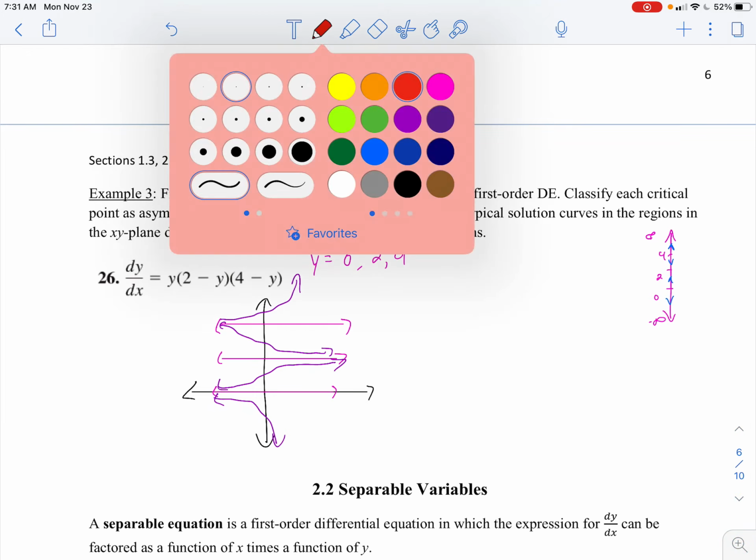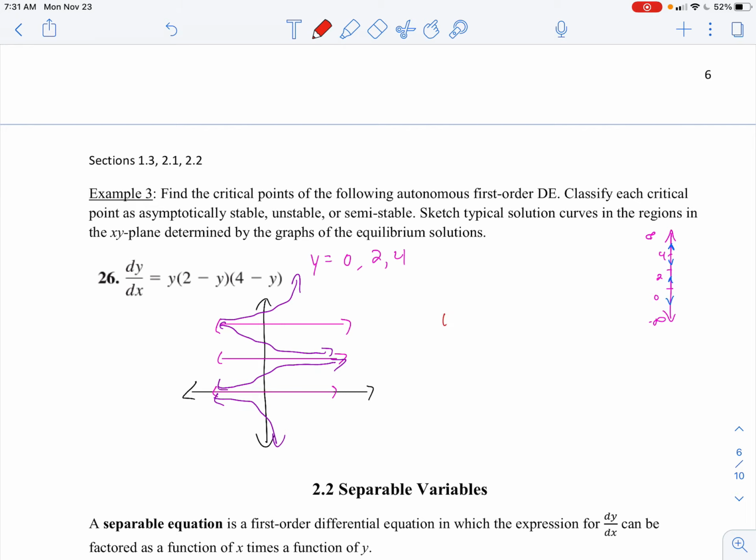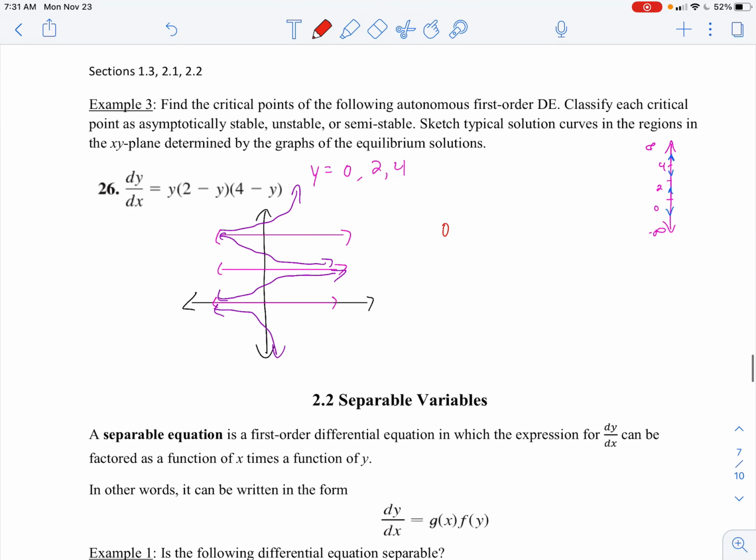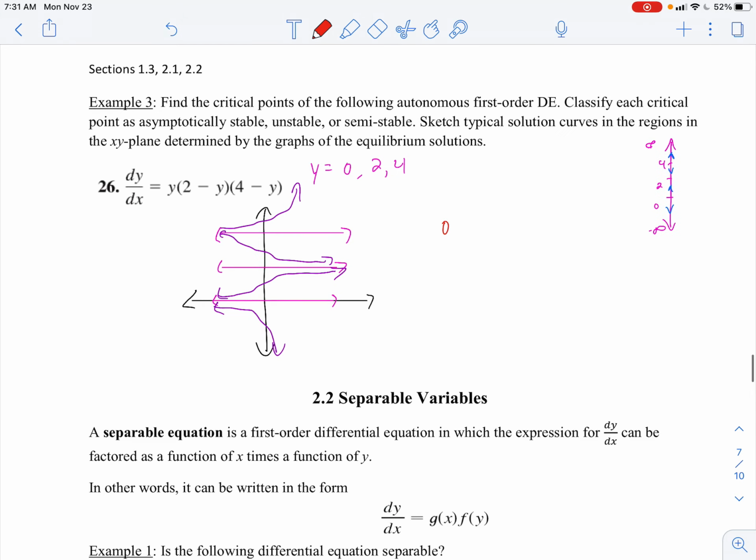So for a critical point of 0, it looks like they're both going away. So when they're both going away, it's a repeller. So 0 is a repeller. This has it in terms of stable, unstable, semi-stable.